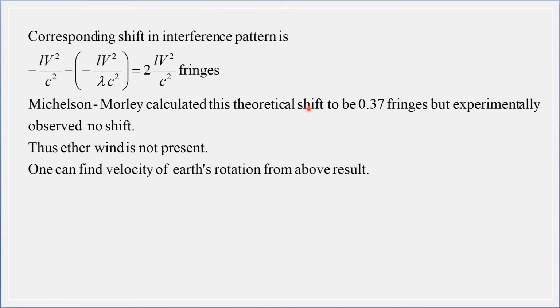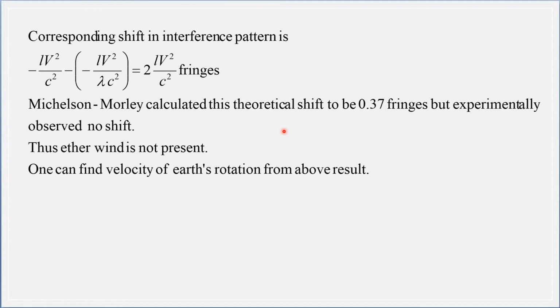Here the theory tells that there is a shift in the fringes, whereas experimentally there is no shift. That means there is something wrong in the assumptions made in this experiment, and that assumption was that the apparatus was affected by the ether wind. The fringes remain in the same position. That means that the so-called ether wind is not present. That means ether is not present.